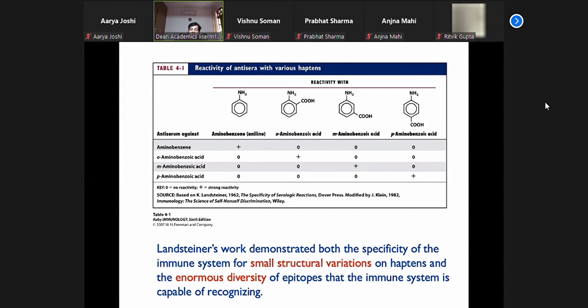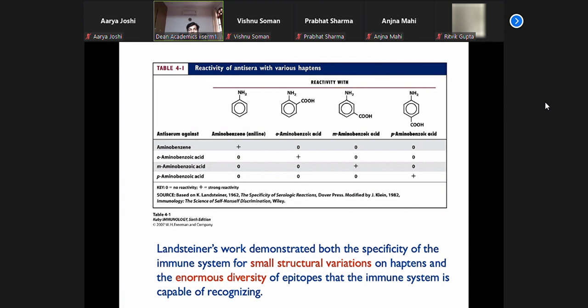But he didn't get this Nobel for determining this fine specificity, and he himself recognized this as his pioneering contribution. So he thinks that if at all my contribution lies in the field of immunology, it is based on antibody specificity, just by this simple experiment where he used this dye in different formats, right? And he demonstrated the specificity of antibodies. But he was given the Nobel Prize for discovering blood group antigens.